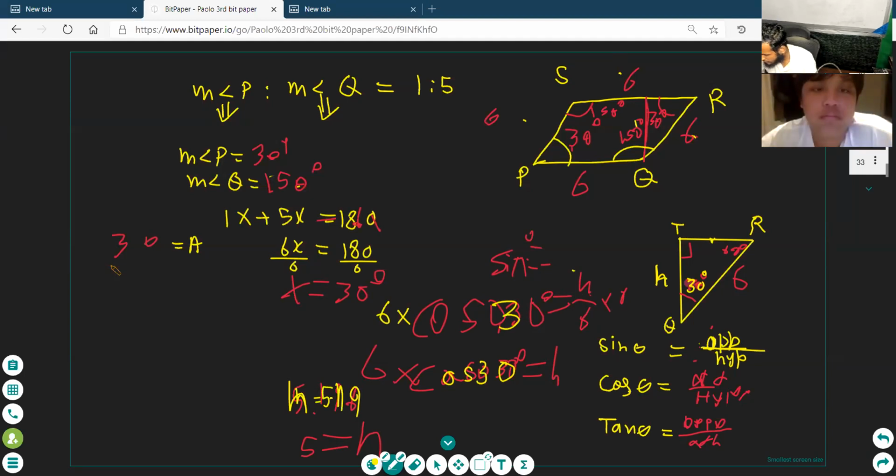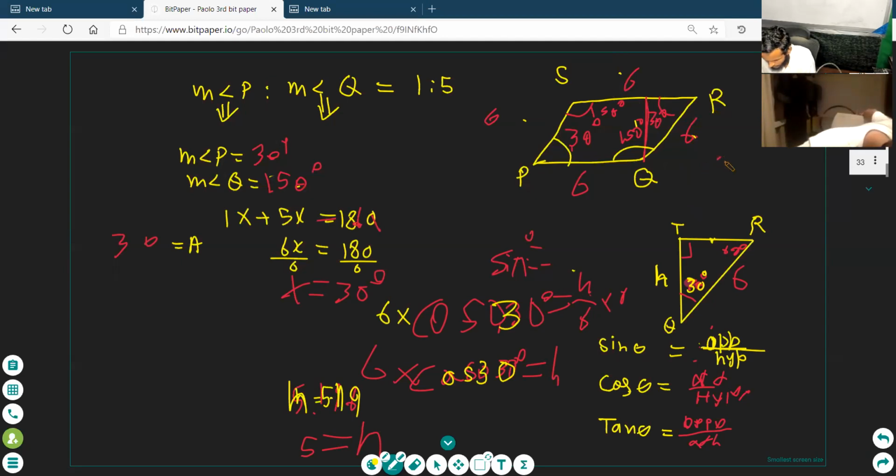But our answer is 30. 30 is not a good answer. So how do you understand it? Wait, I will tell you. It's 6 times 5. It's the area because this is the height times the base.